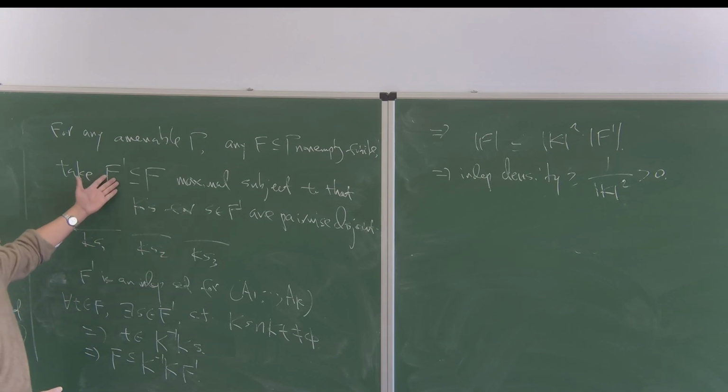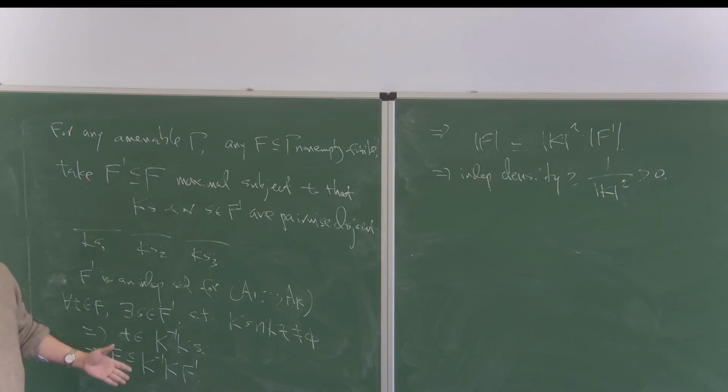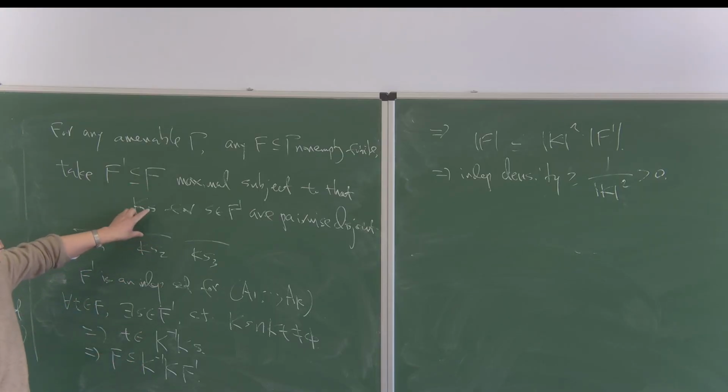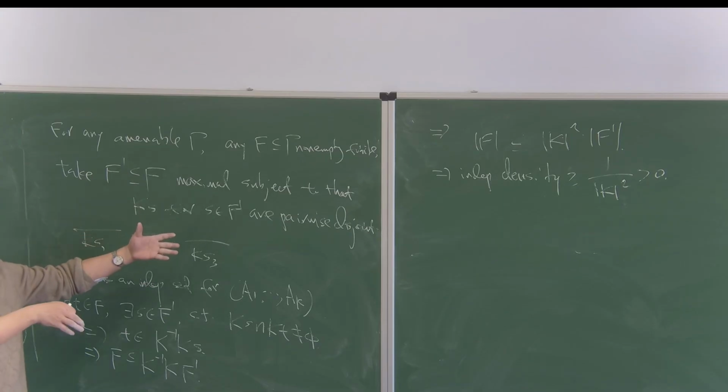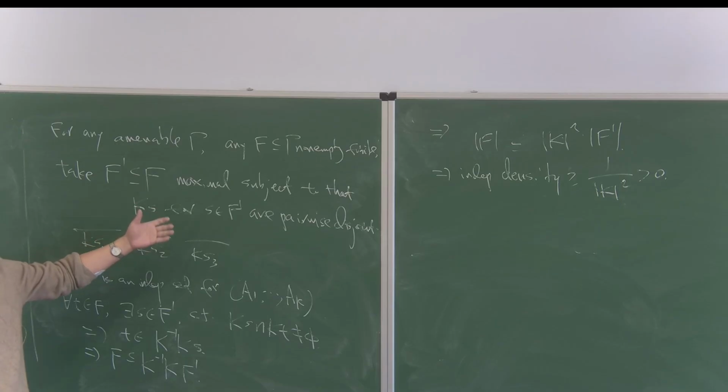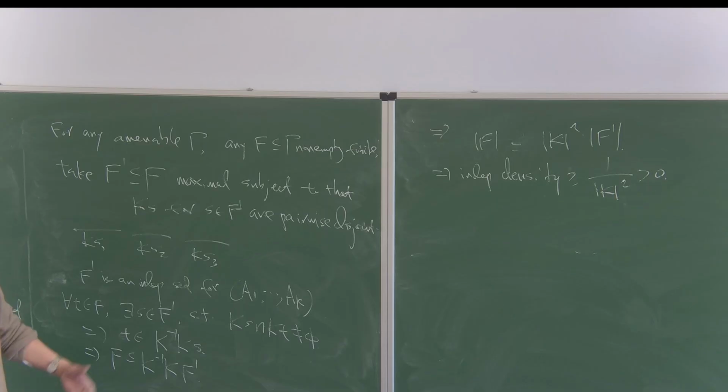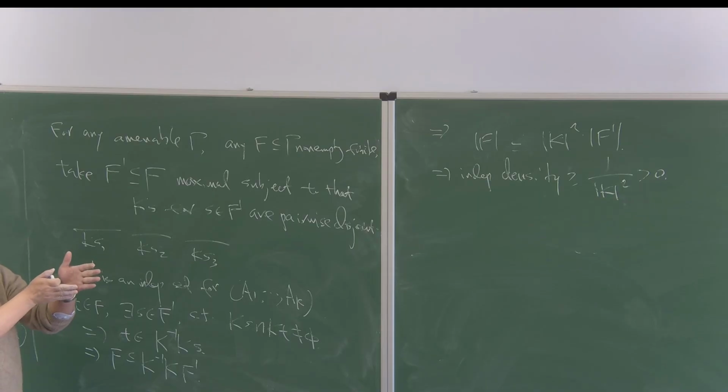You start with 1 point. If you can find another point so that the ks is still disjoint from the first one, you just add this point to f prime. You keep adding to it. It is always legal to take a singleton as f prime. Then you look at all the other points in f, whether ks is disjoint from your ks1 or not.